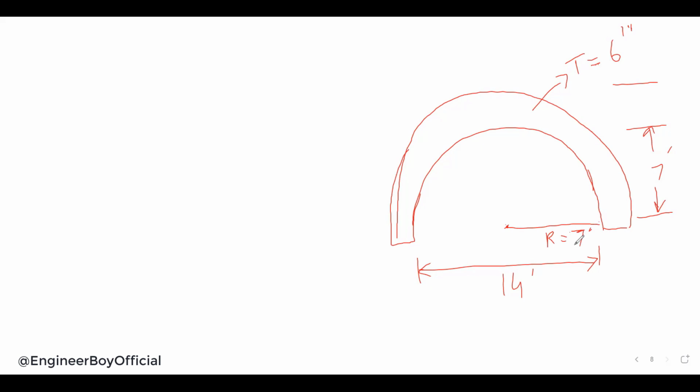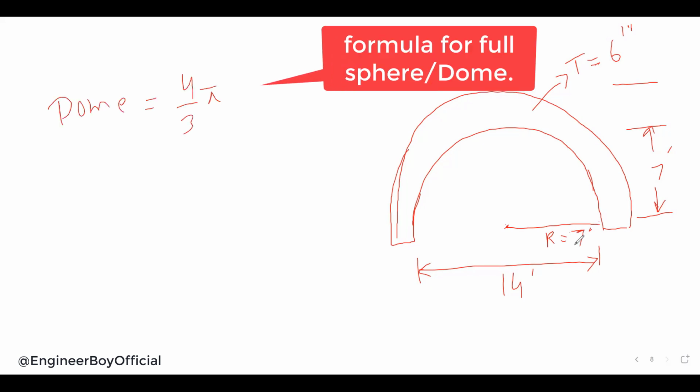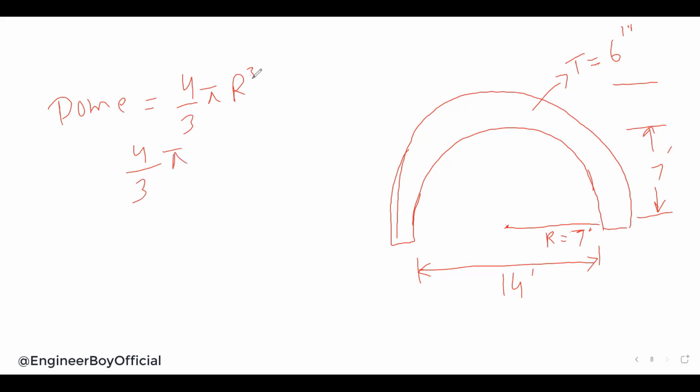Now, if you remember, a solid dome can be 4 by 3 pi r cube. But this time it is, as you can see, hollow. It means we can use 4 by 3 pi, and we will subtract the internal radius, the capital R cube minus the small r cube, to make things a little bit easy.